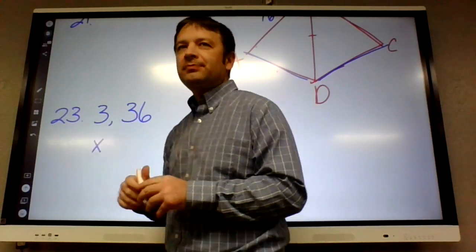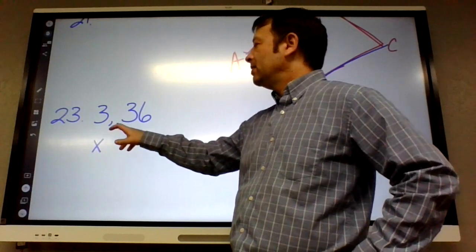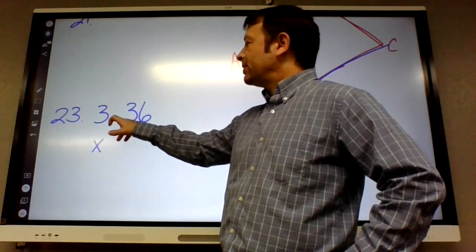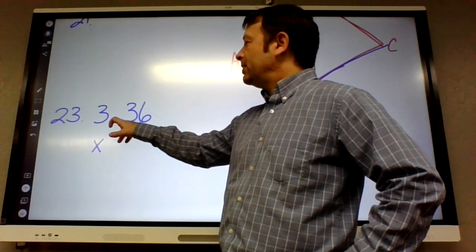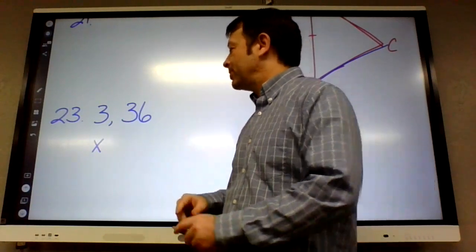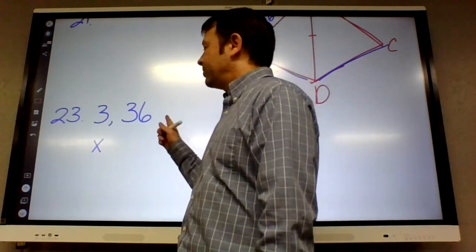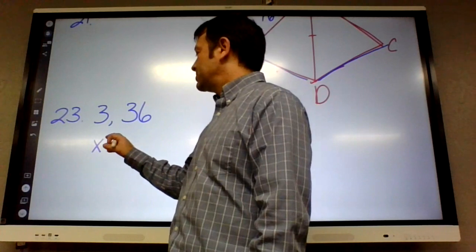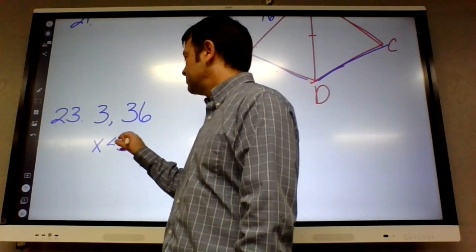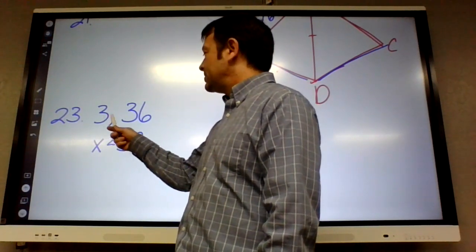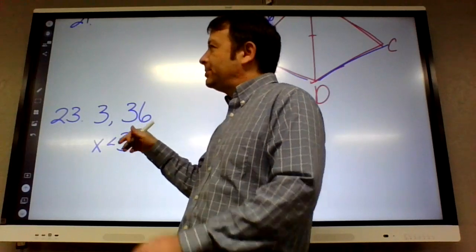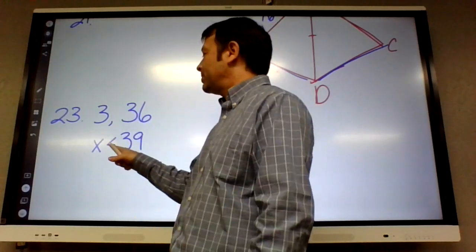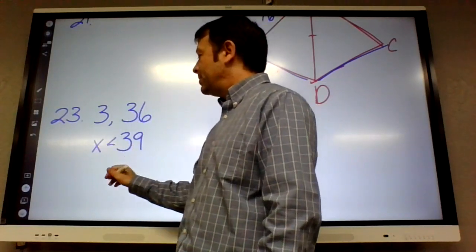It has to be smaller than 39. You guys know why? Because that's what they add up to. These two together could stretch to 39, but they wouldn't make a triangle. So it has to be smaller than 39.